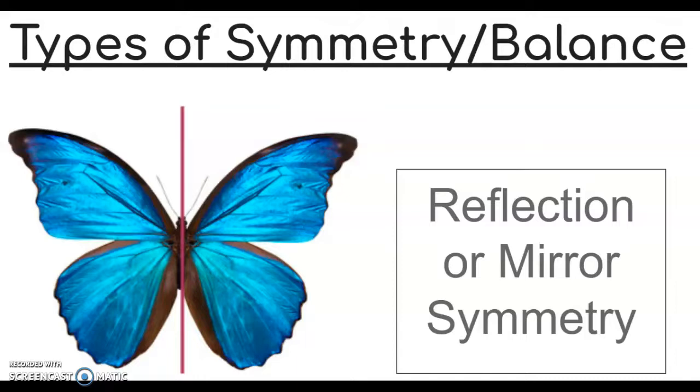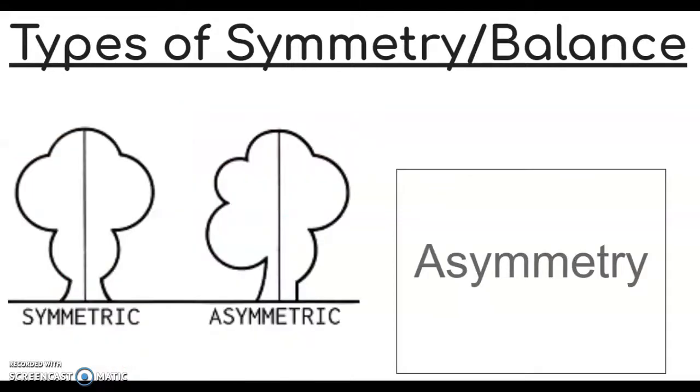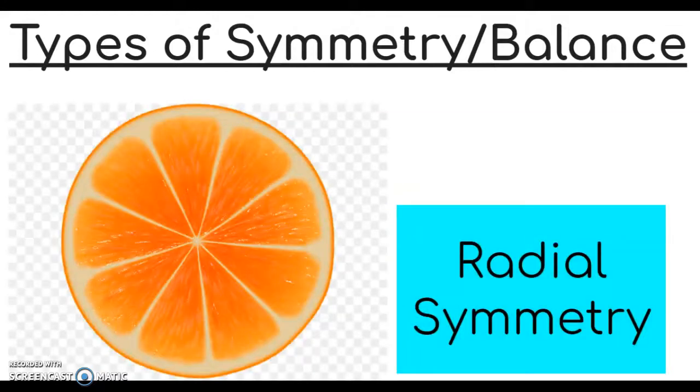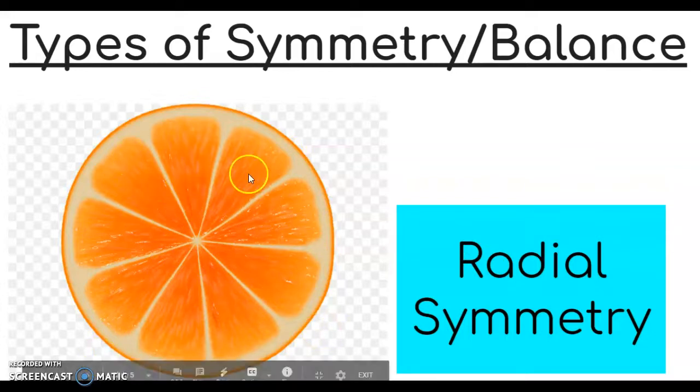When we talk about symmetry, we're talking about a reflection, a mirror image. When we're talking about asymmetry, we're talking about not a mirror image. And then radial symmetry is what we're talking about whenever we look at mandalas, and they radiate out from the center, and they're symmetrical in every direction as long as you're slicing it equally, I guess.